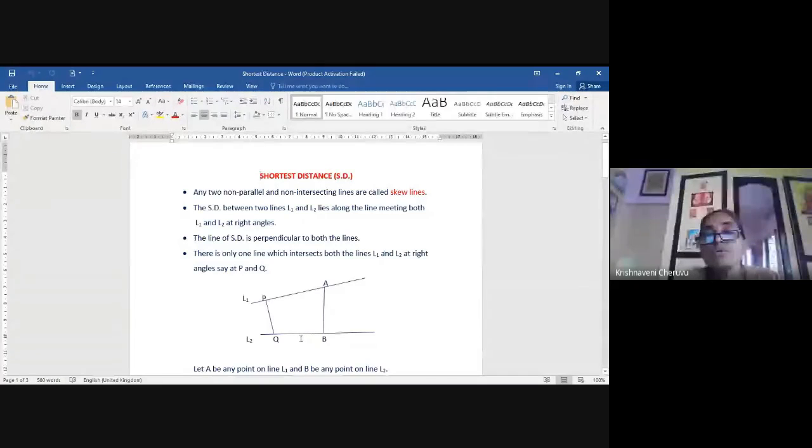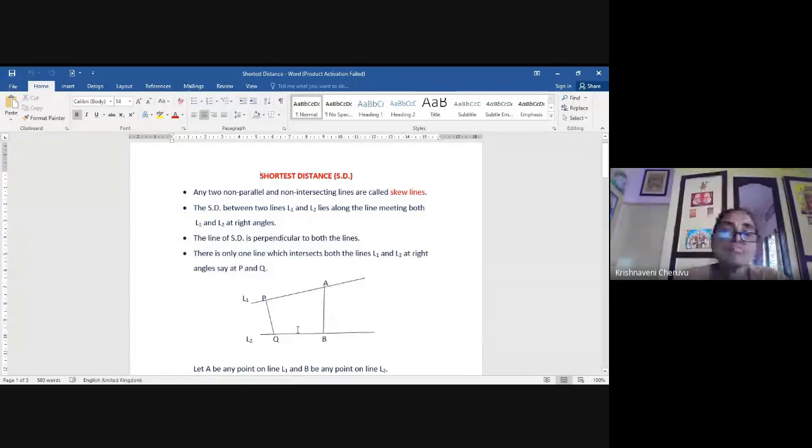Any two non-parallel, non-intersecting lines are called skew lines. Now you have two skew lines, L1 and L2, and you're going to find the shortest distance between these two lines. What do you mean by shortest distance?